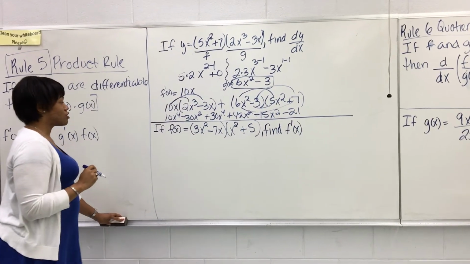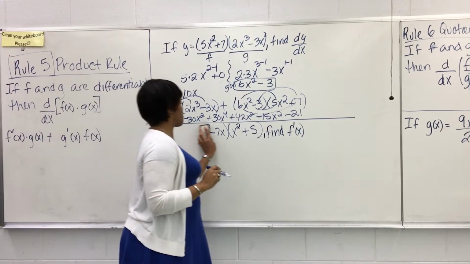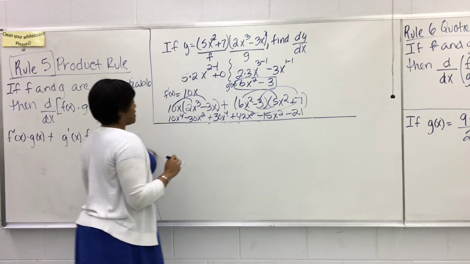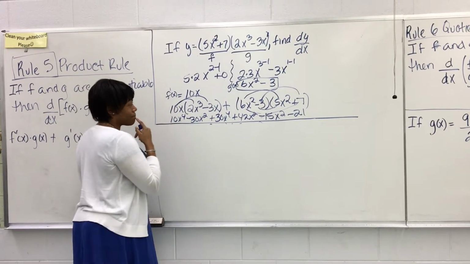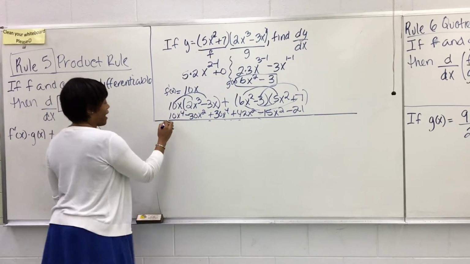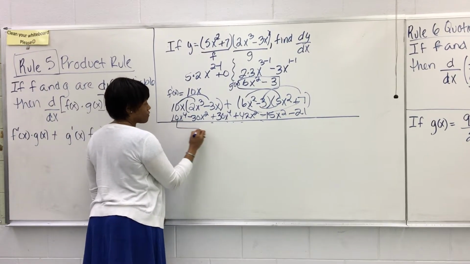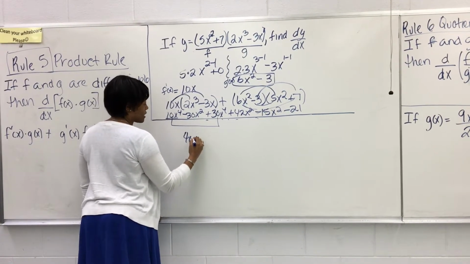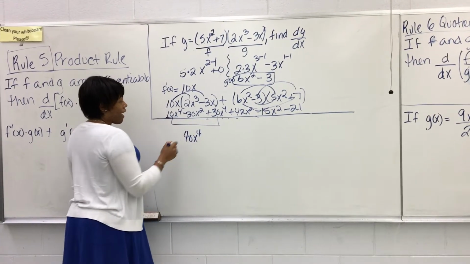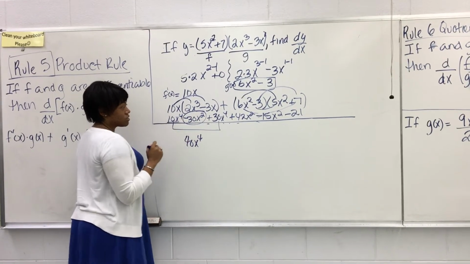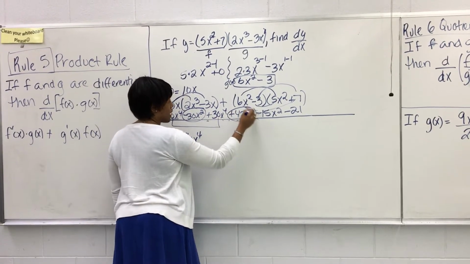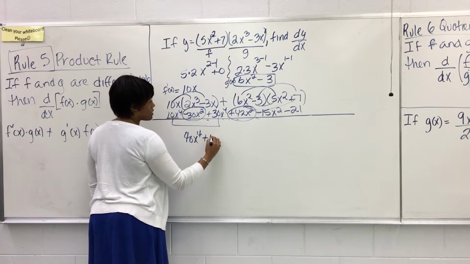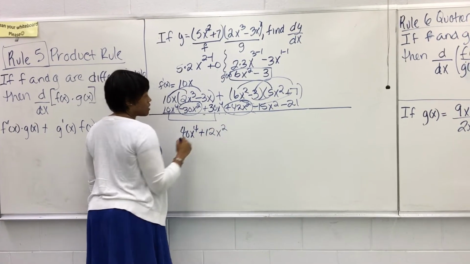Okay? So now, I guess I gotta erase this and come back. Now I must combine my like terms. Well, I have a 10x to the 4th and a 30x to the 4th, which gives me a 40x to the 4th. I have a 30x squared and a 42x squared, and that will give me a plus 12x squared.